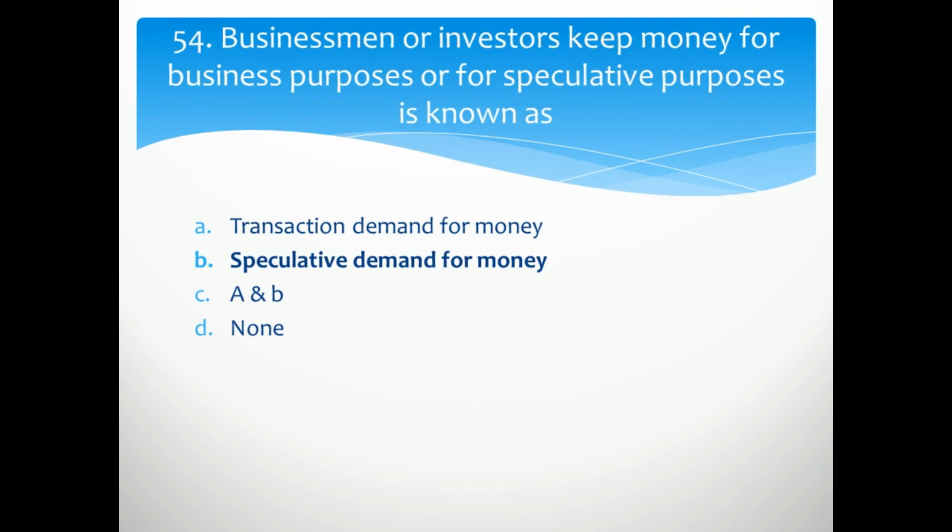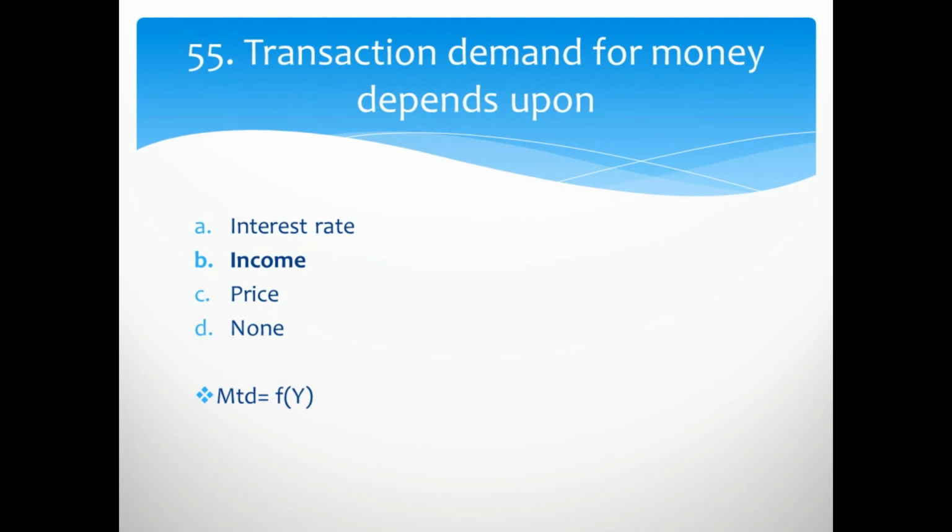If income increases, then transaction demand for money will also increase. Question 54: when a businessman or investor keeps money for business purposes or for speculative purposes, it is known as speculative demand for money. The right option is B. Transaction demand for money depends upon income. Here it is written as MTD, which stands for transaction demand for money. It is a function of Y, that is income.